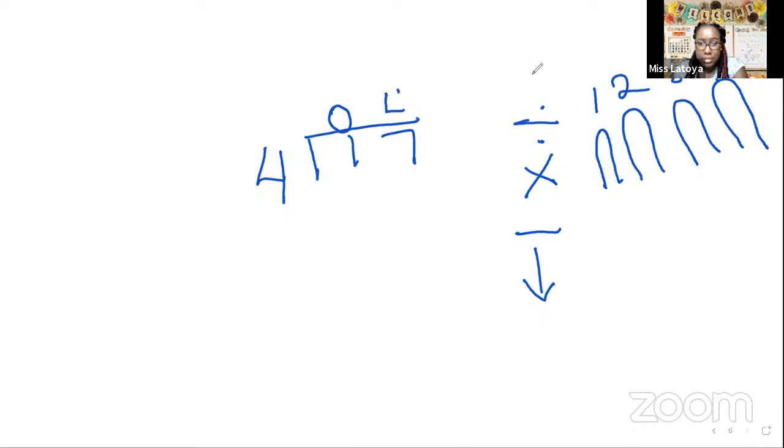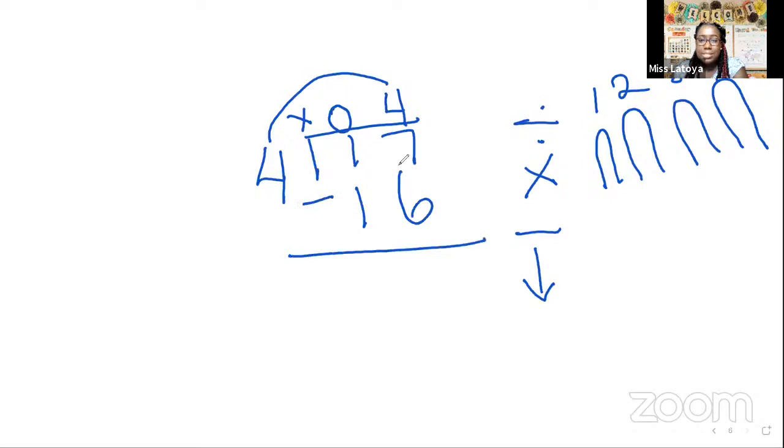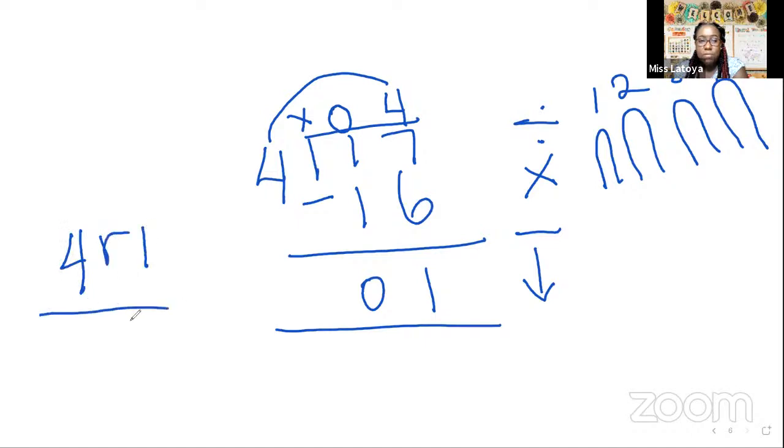I write my 4 on top. My next step is to multiply. 4 4s are 16. Now I subtract. 7 take away 6 is 1, and 1 take away 1 is 0. So 4 can go into 17 4 times with a remainder of 1.